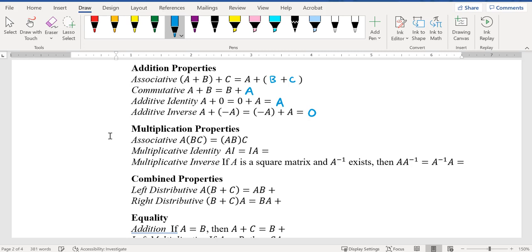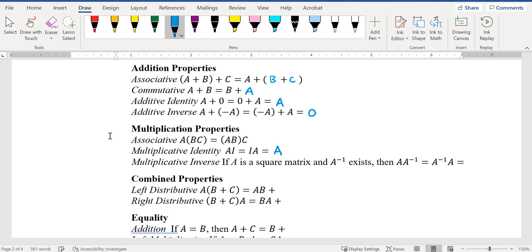Okay, multiplication properties. Multiplication is associative. A times B times C is equal to A times B times C, regrouped. Multiplication has a multiplicative identity. A times the identity matrix is equal to the identity matrix times A, which is equal to A. And the multiplicative inverse.